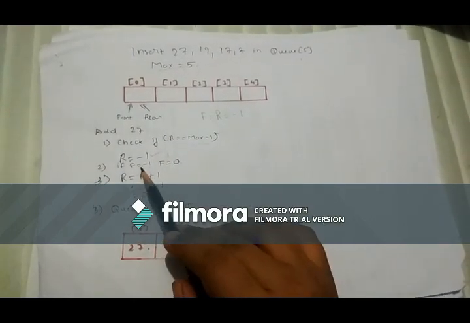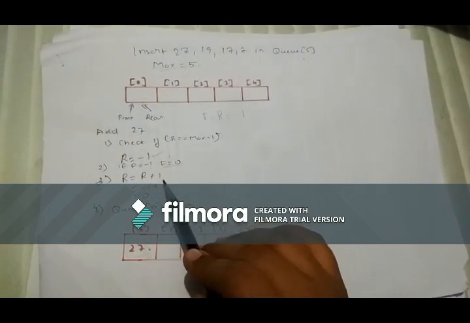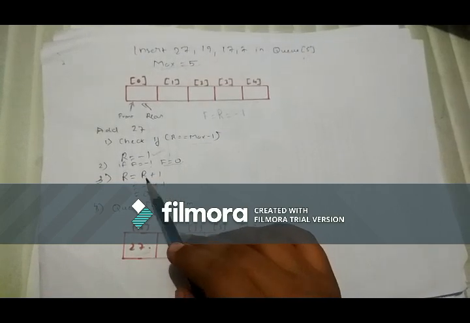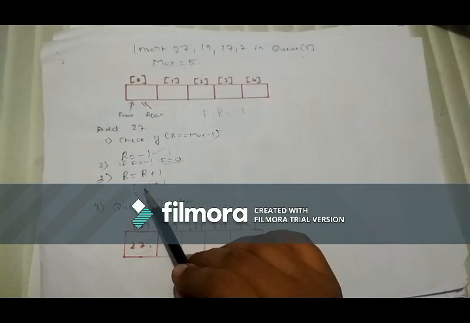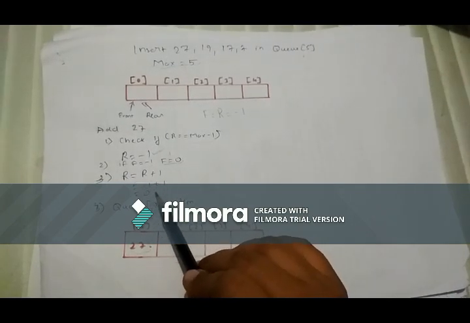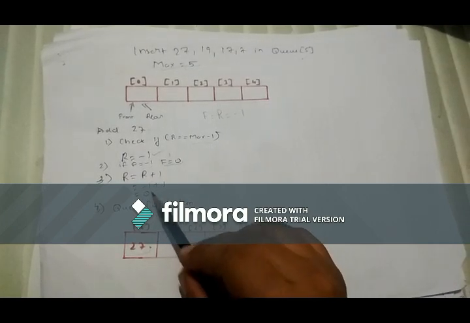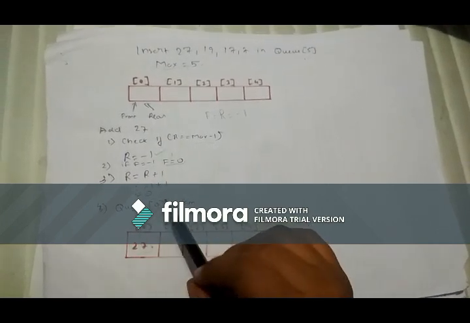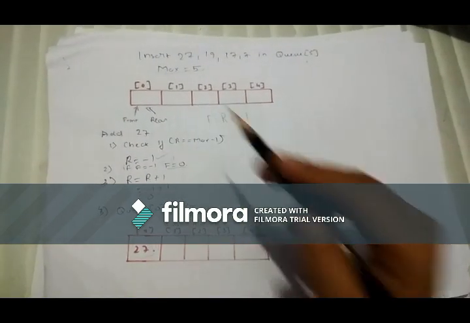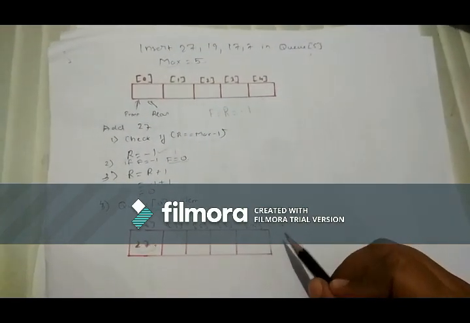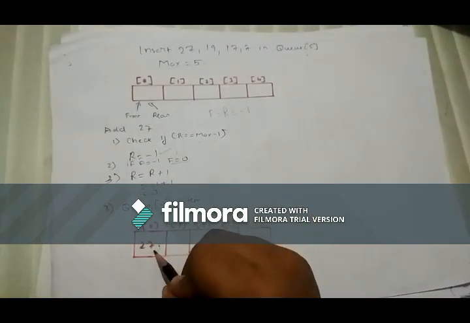We will set the value of f to 0, and then we will increment the value of rear by 1, that is -1 plus 1 is equal to 0. Now at index 0 in the queue, we will add the item, that is 27. The resultant queue will look like this. At index 0, 27 is added.